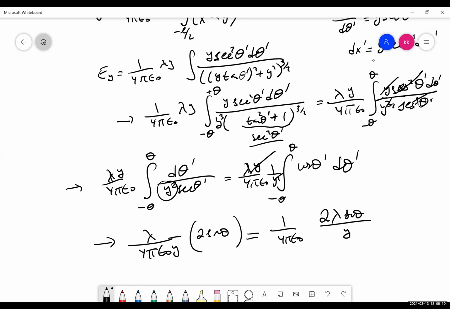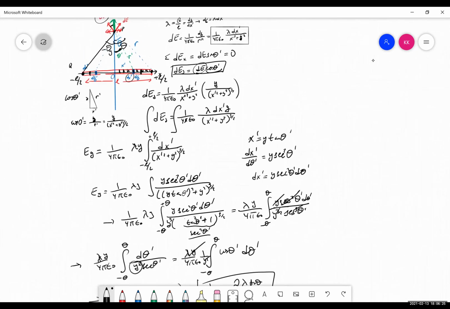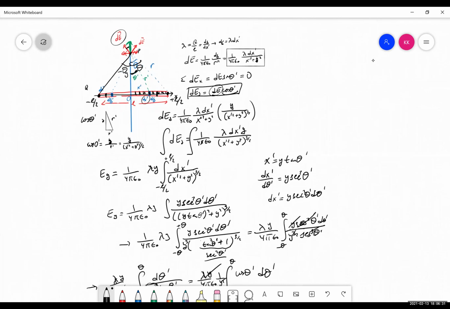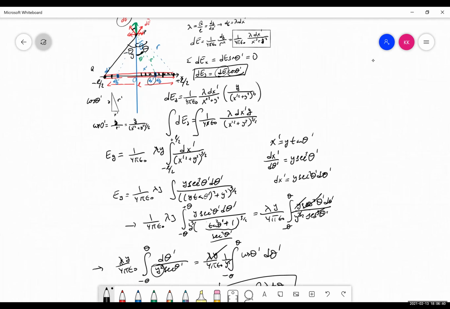But then what I can also do is replace lambda with whatever it was, remember Q over L and things like that. But the idea here is that you get something like this. And you can see how much work we did. Look at all that. That's how much work we did just to find the electric field of a one-dimensional rod on the x-axis, where we wanted to find the electric field on the y-axis.